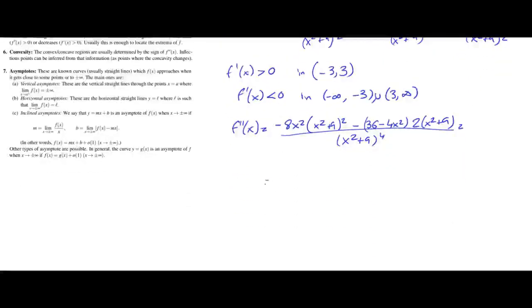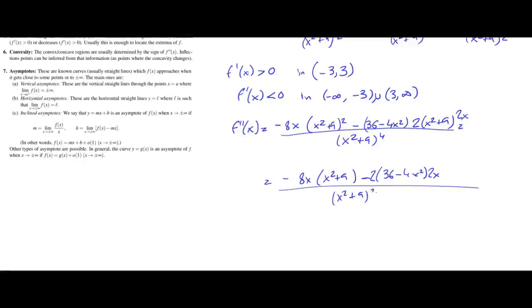Now we can get rid of some powers of x² + 9. And this is the derivative of x² + 9, which is 2x, times 2x. And this is 8x, not 8x². Divided by (x² + 9)³.